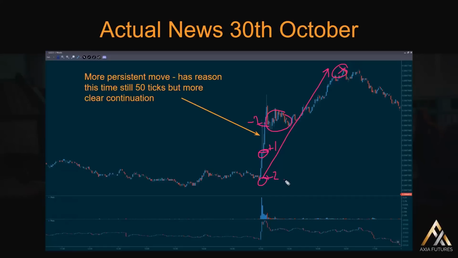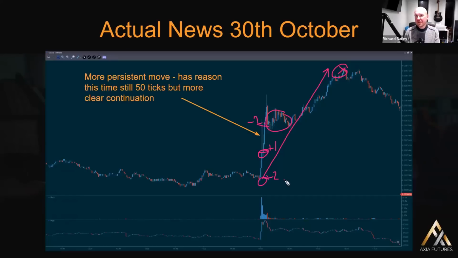Can you see these levels easier on the footprint than the DOM? Basically, I don't necessarily think you can. Again, a footprint like a chart is ultimately telling you what you've just seen. What I think a footprint is very good for is confirming what you thought.